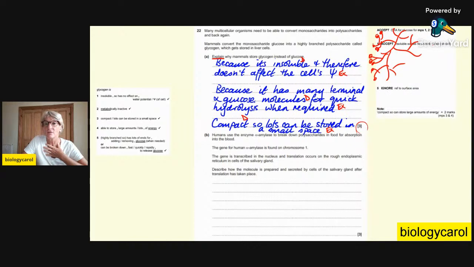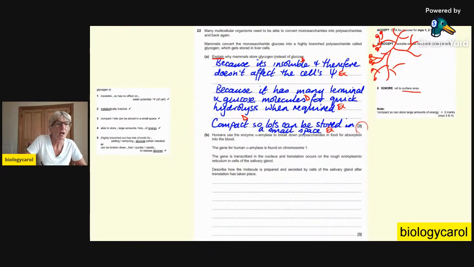So notice here, you could not talk about surface area. I know that a lot of teachers tend to say, glycogen is highly branched, it has a high surface area so that the glucose can be hydrolyzed quickly. It is more accurate to say that there are a high number of terminal alpha glucose molecules. It's just a better way to describe it rather than talking about surface area of a molecule.